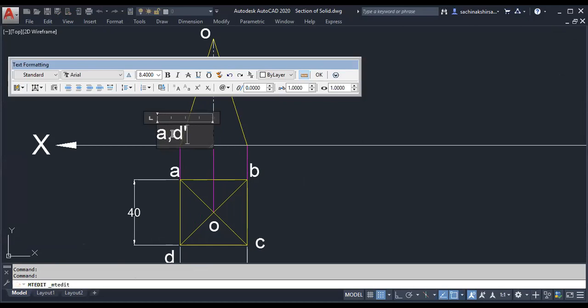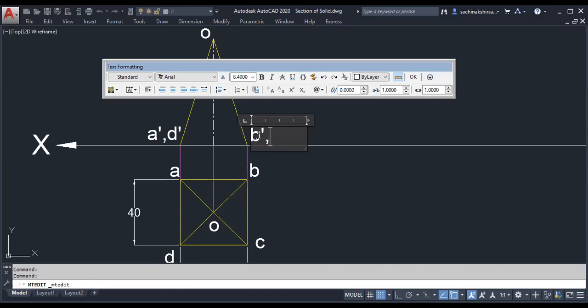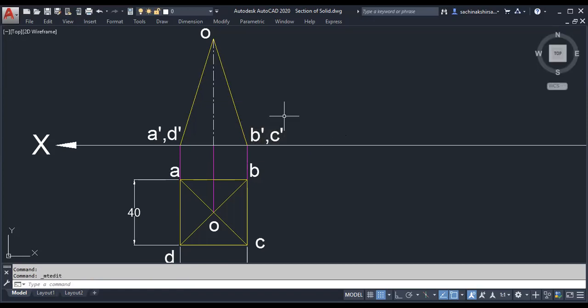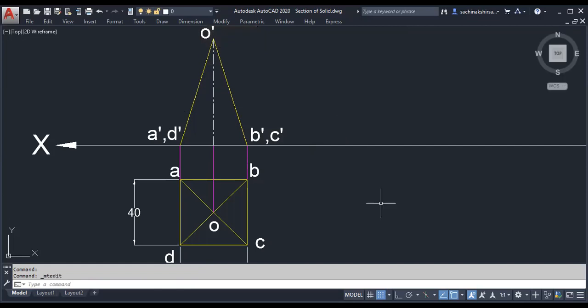Okay. Similarly, here B dash and C dash. And here there will be O dash. Likewise, there will also be the base here. That base also we have to draw.